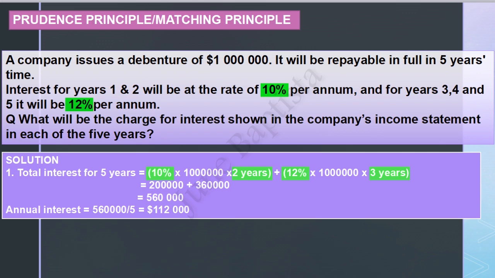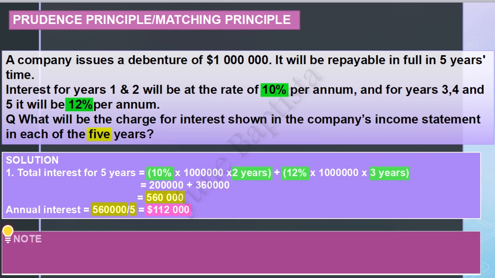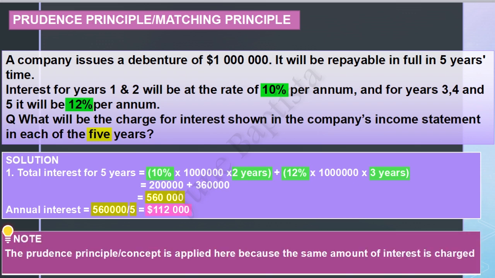Therefore, the annual interest is equal to $560,000 divided by 5, which is equal to $112,000. Note, the prudence principle or concept is applied here because the same amount of interest is charged each year so as not to overstate or understate the profit.